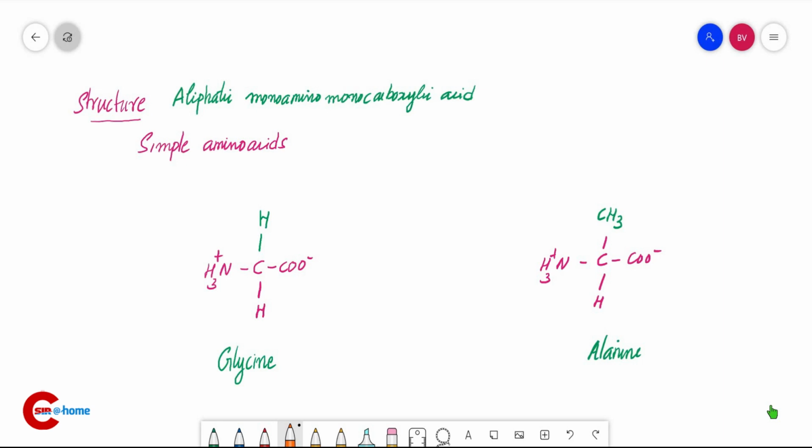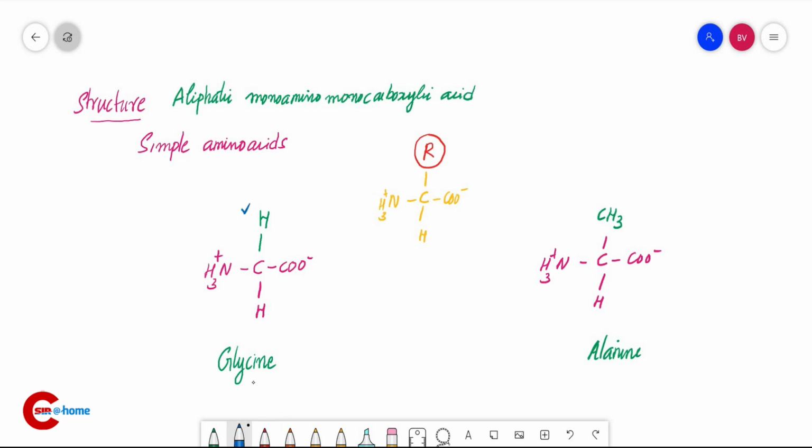The first one is aliphatic monoamino monocarboxylic acid, which are glycine and alanine. We have studied the basic structure of amino acid, that is the carbon attached to a carboxylic acid, then an amino group, then a hydrogen, and it contains an R group. This is the basic structure of amino acids.